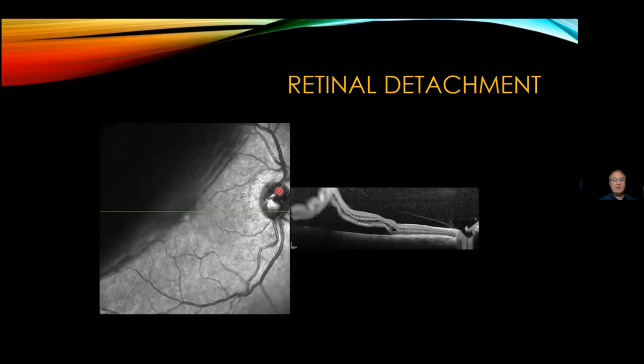And often, if you were to do the scan in this direction, you will not have a detached retina. So it's important, again, not just to look at single linear scans, but to examine the patient and confirm what you're seeing in the eye against what you're seeing on the OCT.